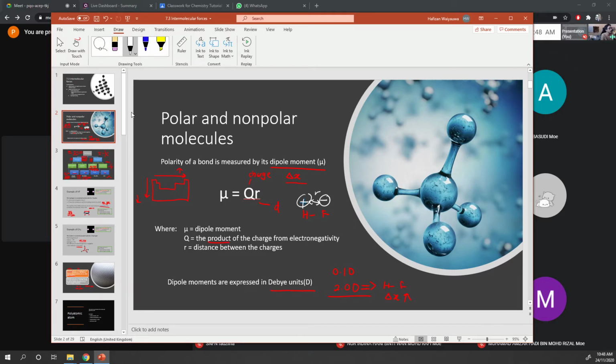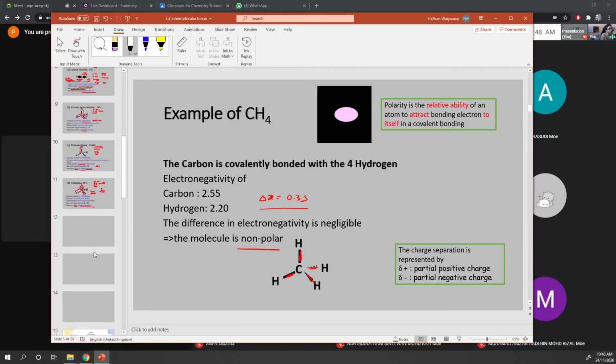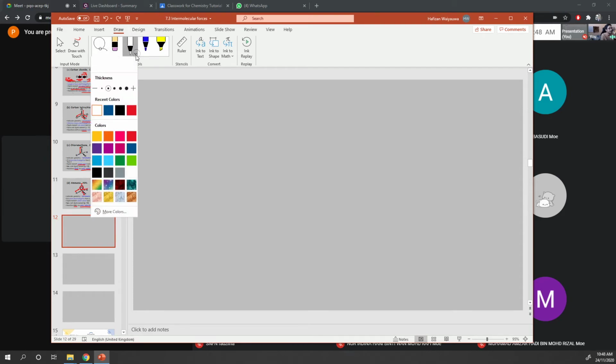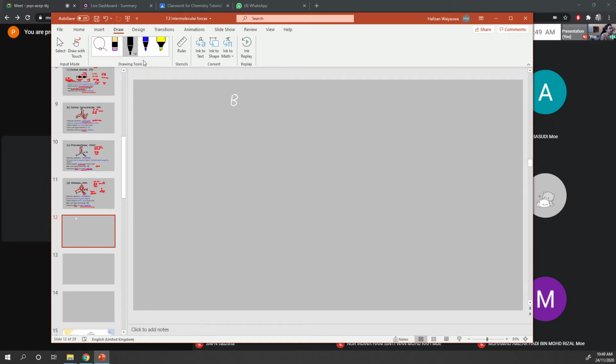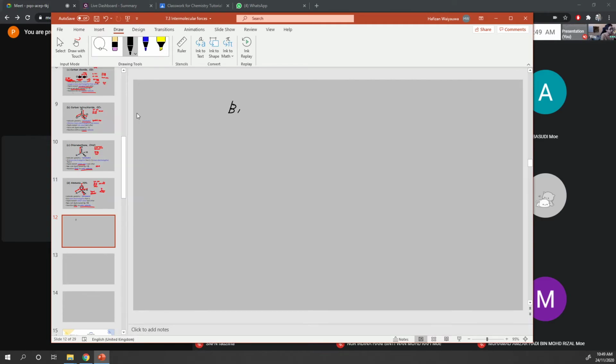Okay. And then we already talked about if it is symmetrical, it will not have a dipole moment, for example beryllium earlier. Beryllium and hydrogen.